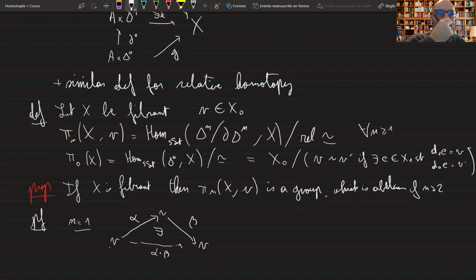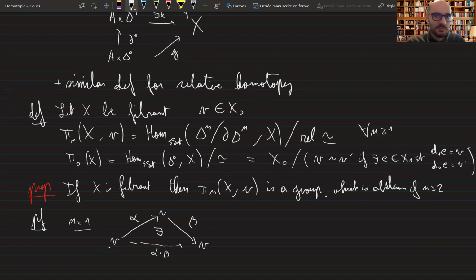All right, so there is a question before I continue. When the relation is not symmetric, we can define π_0 of X by just considering the generated equivalence relation. I guess for π_0 it works if X is not fibrant.